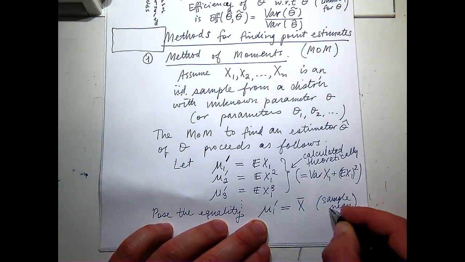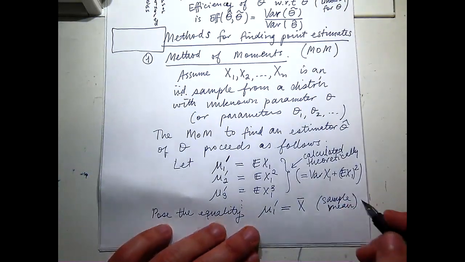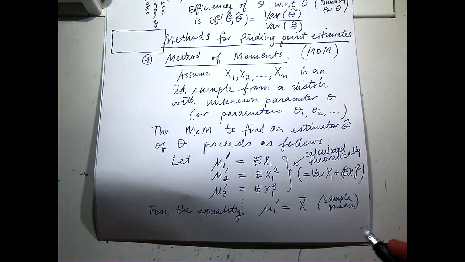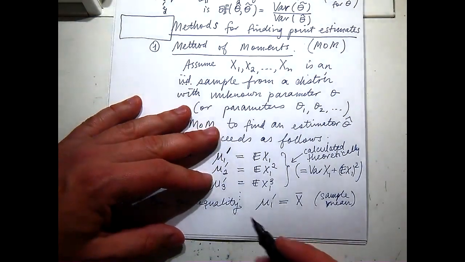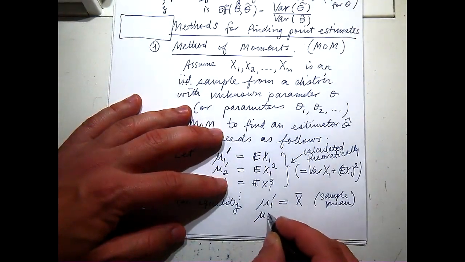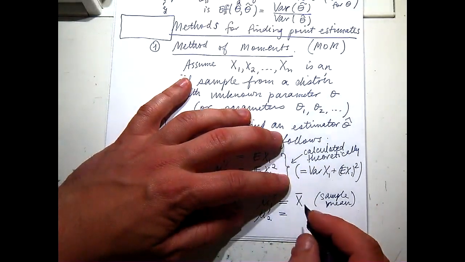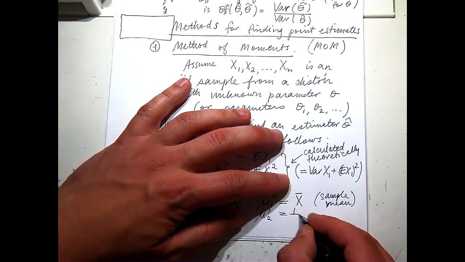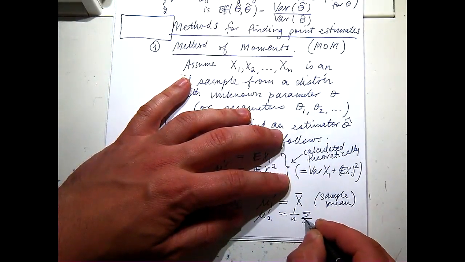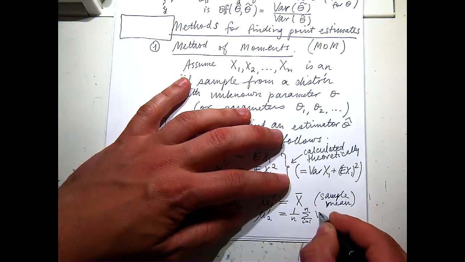Okay. Now we're not going to use the sample variance to do this. We're just going to continue to use raw moments of the sample, so mu2 prime equals, I could almost call it x squared bar, but let's not call it that. I'm just going to be totally precise about what it is: 1 over n sum i equals 1 to n of xi squared.